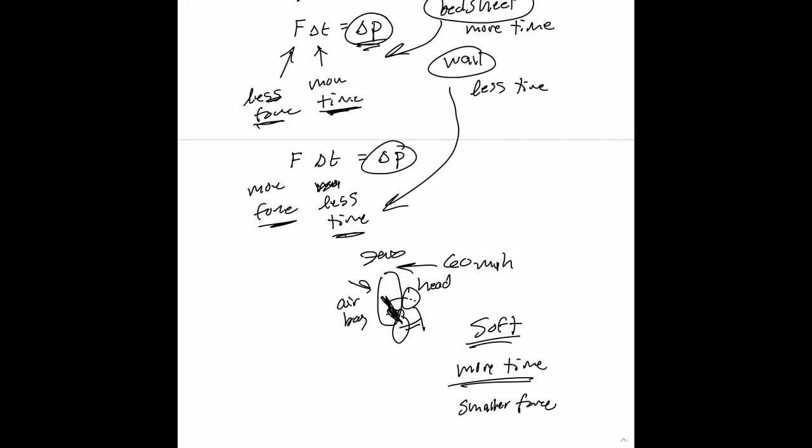Wait a minute, in which case does your head go from 60 to 0? When it hits the airbag or when it hits the windshield? Obviously in both cases. So in both cases, your head would have the same change in momentum. It would have the same amount of impulse. The question is just whether or not that impulse comes from a large force or a small force. If the force is large, then the time interval is small and vice versa.